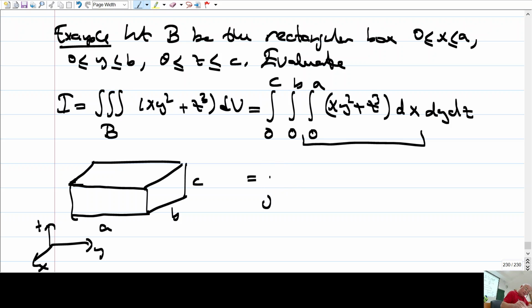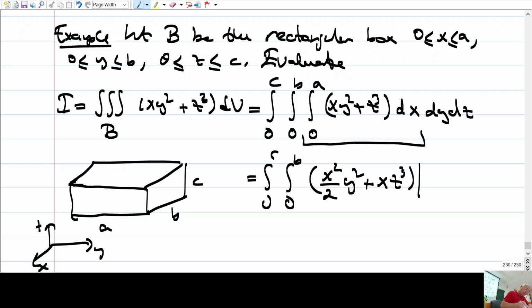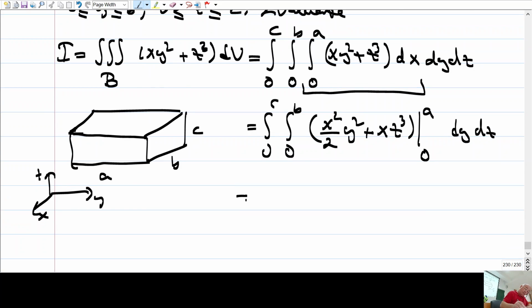The integral of this with respect to x is just x squared over 2 times y squared plus x z cubed, right? And x ranges from 0 up to a, and then I have dy and dz.